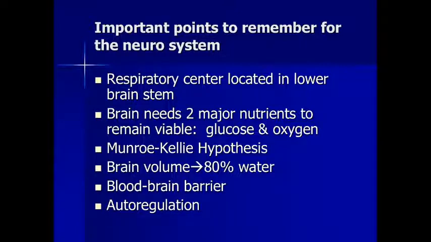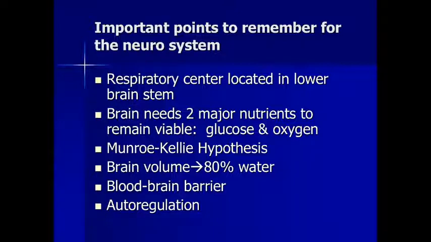The brain accounts for 80%. The cerebral blood volume, CBV, is 10%. And the cerebrospinal fluid is the other 10%. We know that each of these volumes in normal states will remain relatively stable.